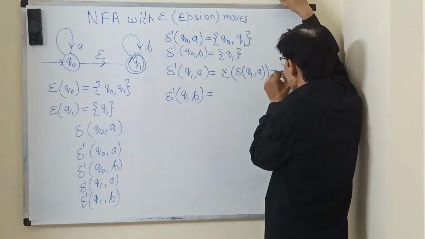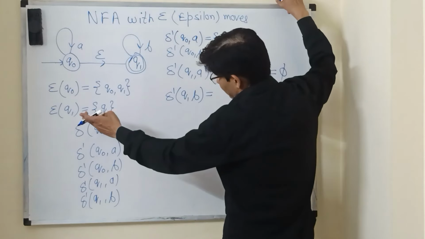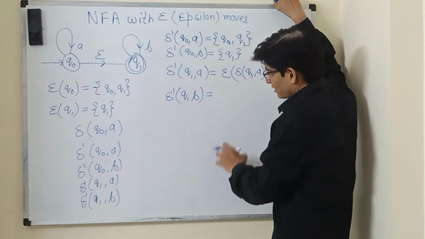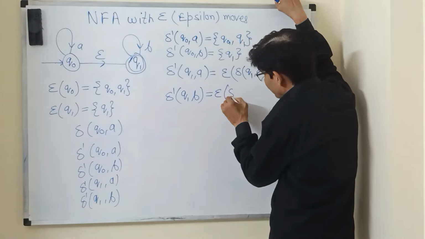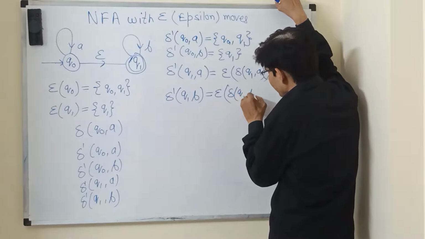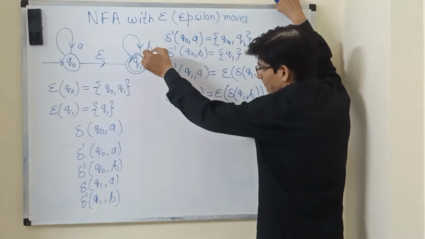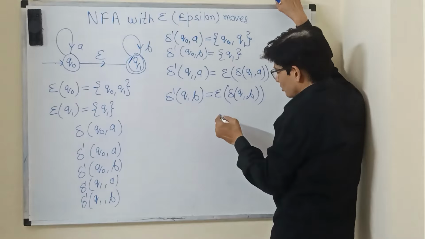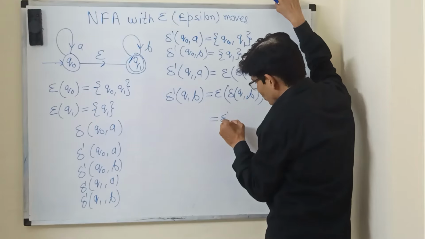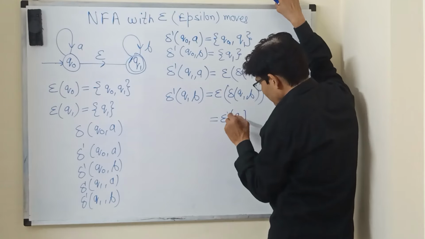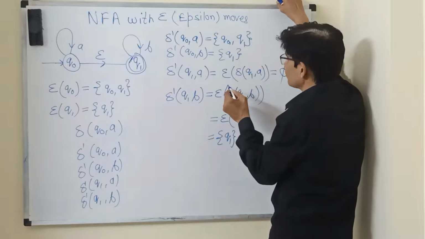So that would be epsilon closure of Q1, which is Q1 again. So that would be equal to Q1.